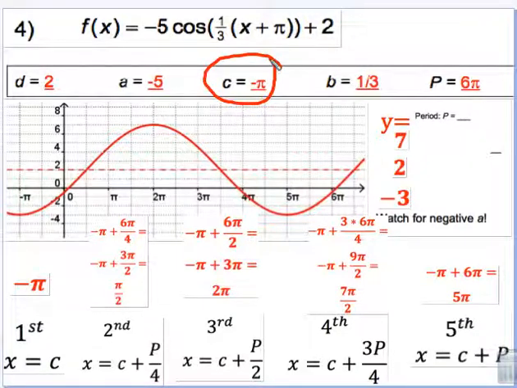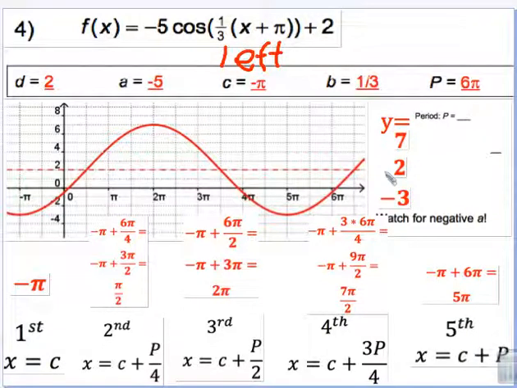Right here, this is the mistake we made in class. So if we have x plus pi, that's our c value. Because of the plus sign here, our c is actually negative pi, which means we move to the left. I said that was -4, sorry, that's negative pi. We're going to move to the left pi units, okay?